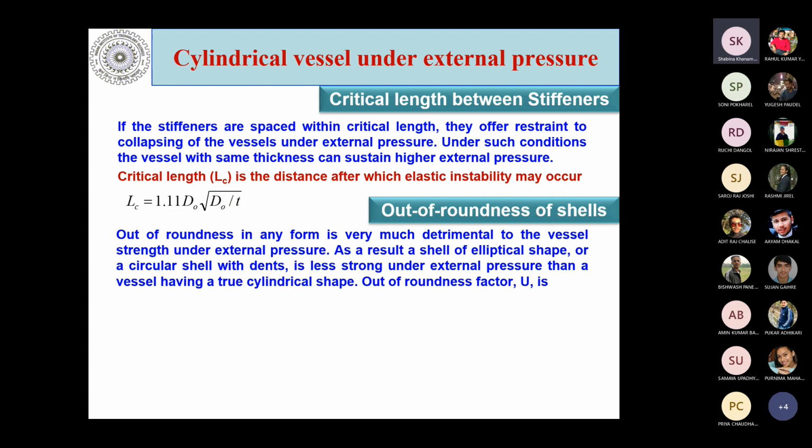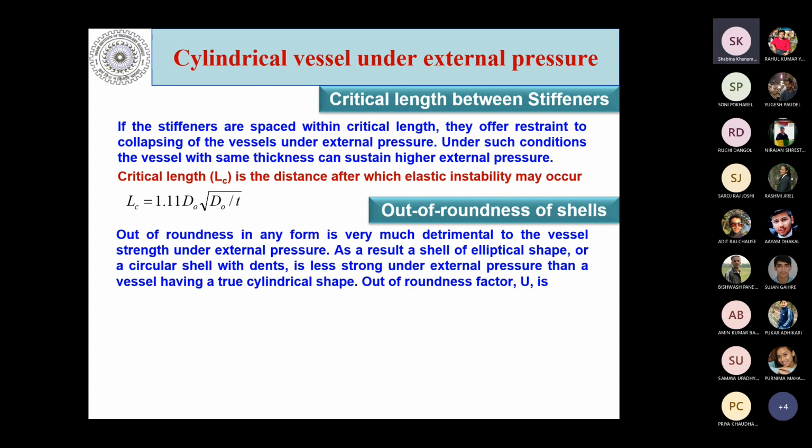So out of roundness is the parameter, and we need to consider how to account for it. Before that, let's define it. Out of roundness in any form is very much detrimental to vessel strength under external pressure. It means that when we have out of roundness, it causes failure to occur easily.